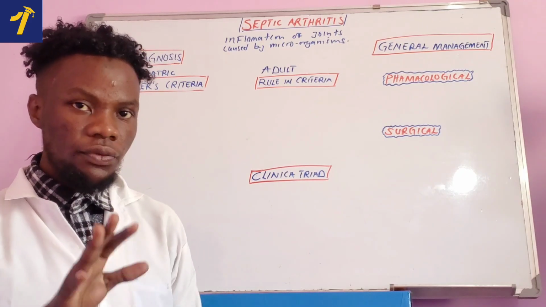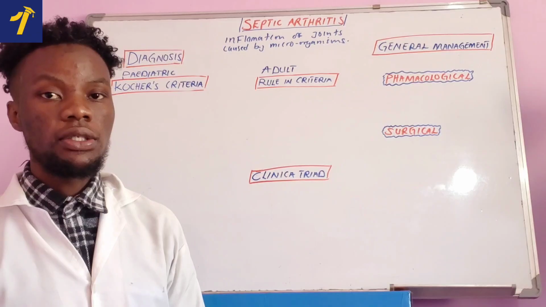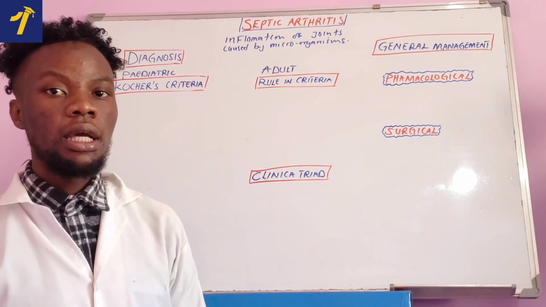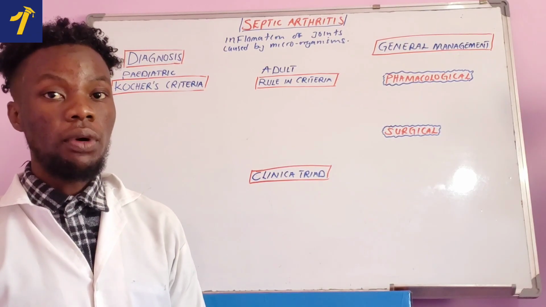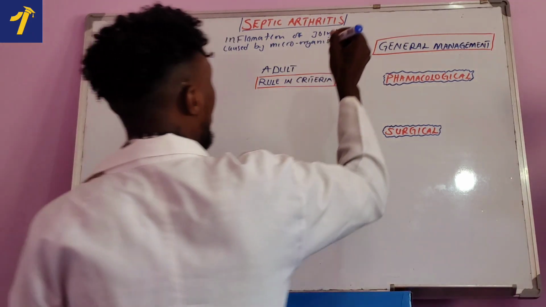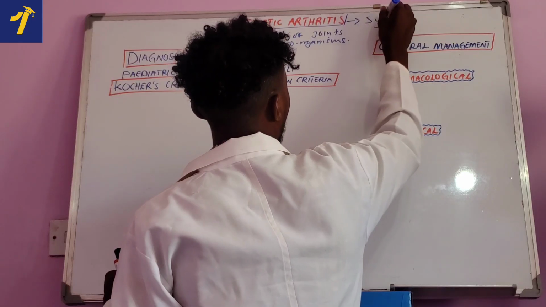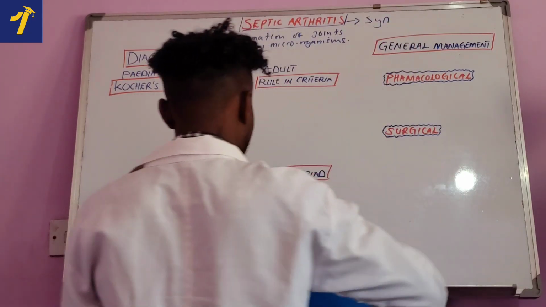There is also another important joint disorder that affects the synovium. We call it synovitis. So we need to know how to differentiate septic arthritis from transient synovitis.